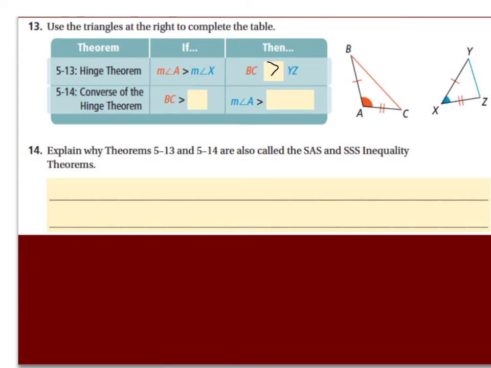The converse of the hinge theorem: if BC is greater than YZ, then the measure of angle A is greater than the measure of angle X. Part of your homework assignment tonight, besides watching the video, is to explain why theorems 5.13 and 5.14 are also called the SAS and the SSS inequality theorems.